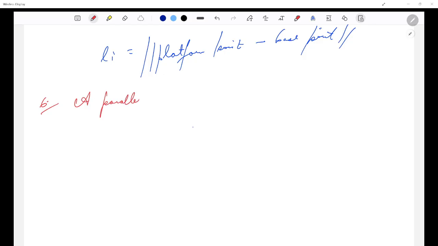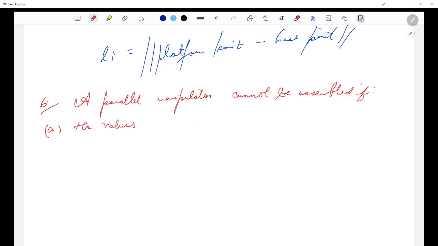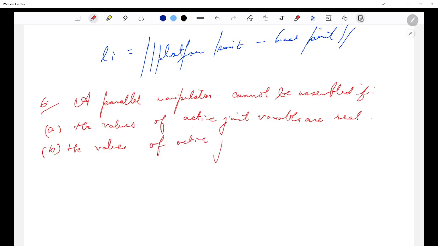A parallel manipulator cannot be assembled if the values of active joint variables are real. The values of active joint variables are 0.